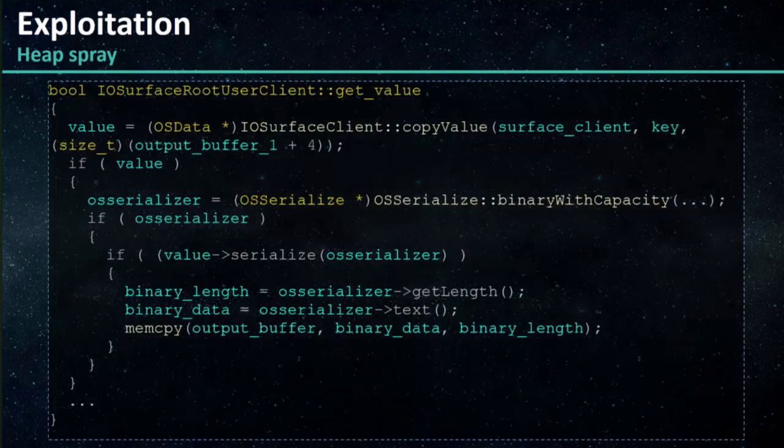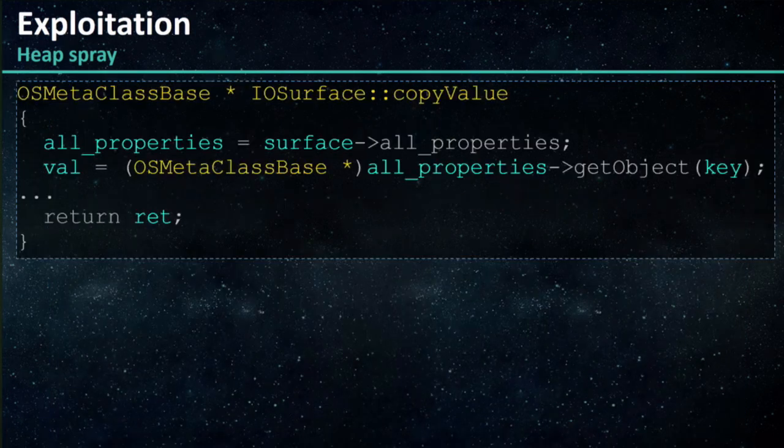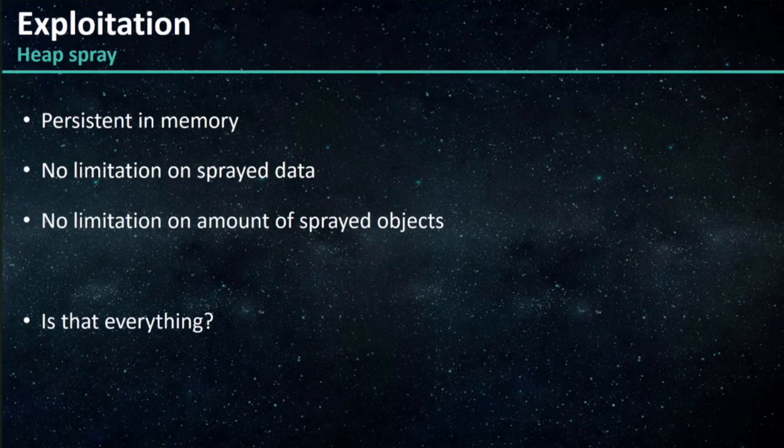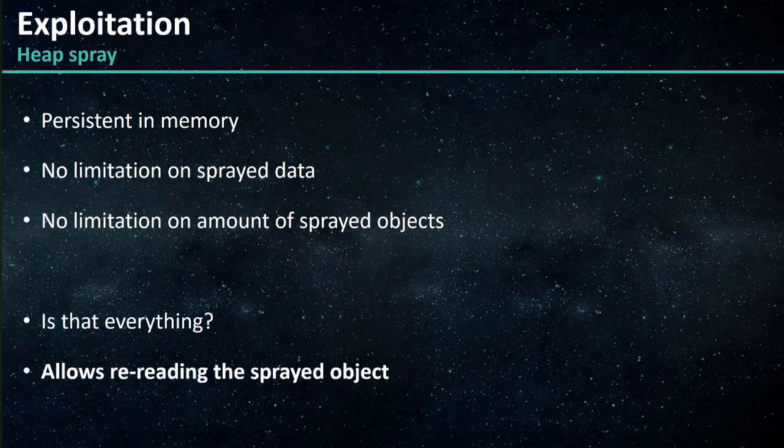If you can set them, you can also read them back, which means everything we sprayed can be read back. So for example, if we spray the kernel and the kernel modifies our sprayed data due to another vulnerability, we can just read back our data from any key we want. So this is extremely powerful.